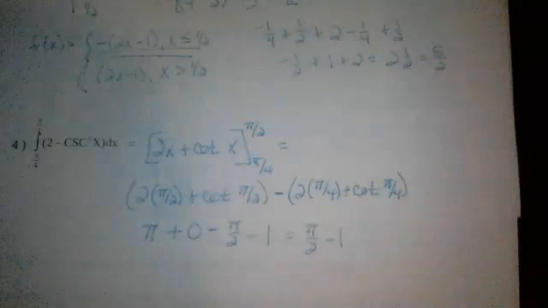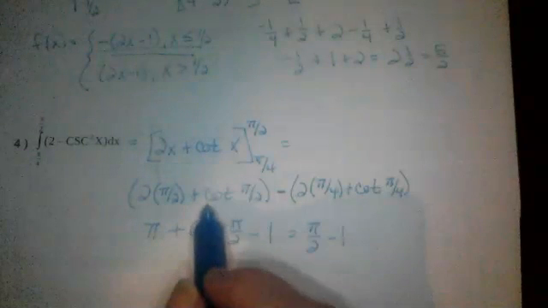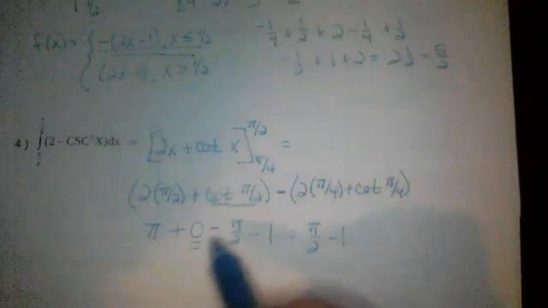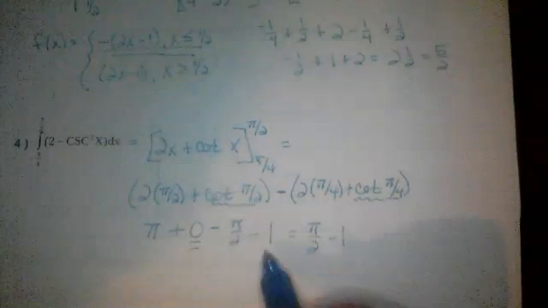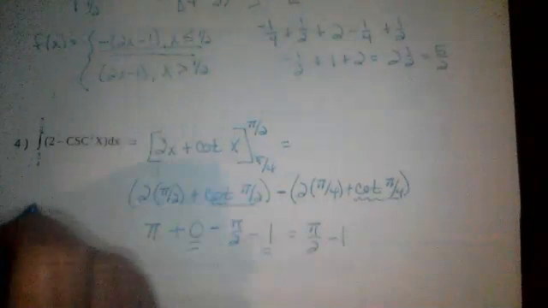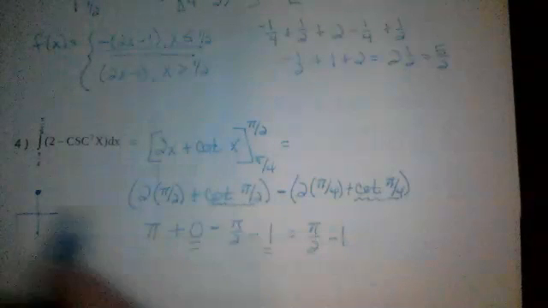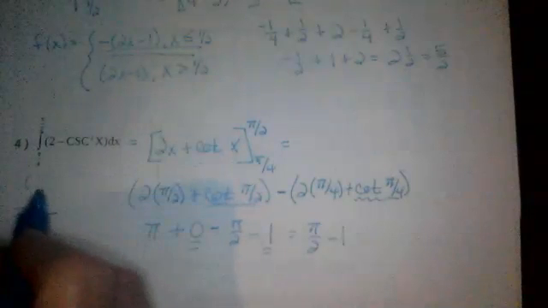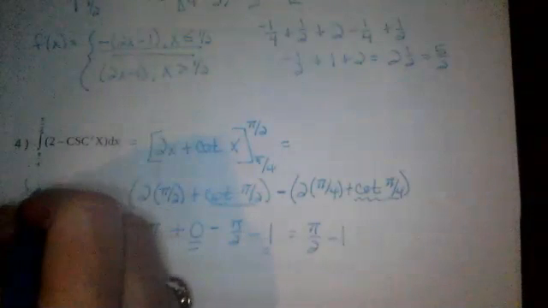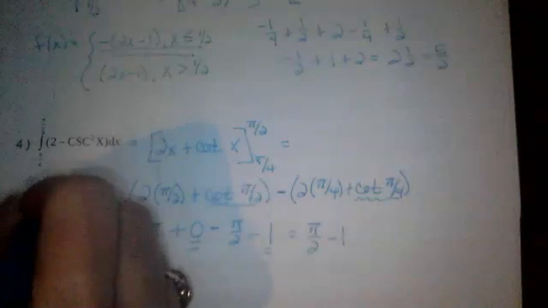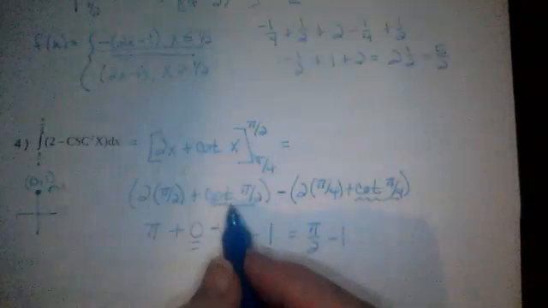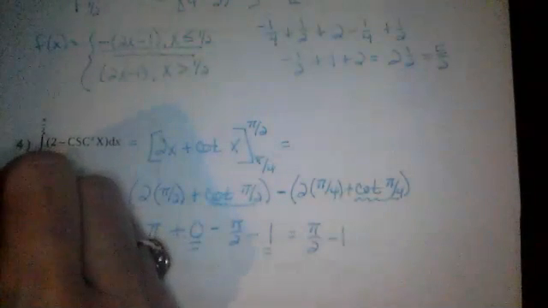All right, so let me go back and go over where I got this 0 and this 1, just in case you don't remember. Pi halves is up there at the top of my unit circle, where I have the point 0, 1, and r is 1. Now the cotangent ratio is x over y.